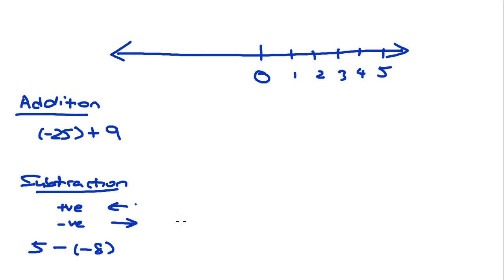When you subtract a negative, you go to the right further. We're not going to the left, so we need to go to the right another 8 steps. If you draw it out, you find the final answer is 13. So even though it's a subtraction, because it's two minus signs here, it becomes a bigger number instead of a smaller number.